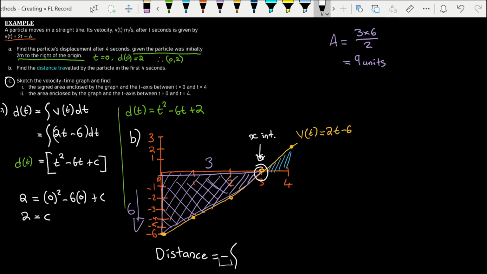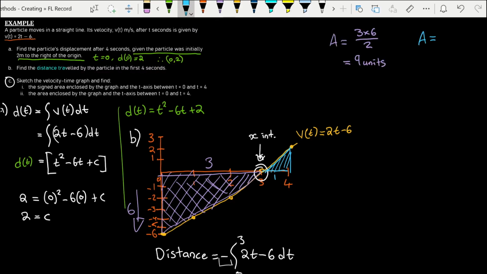And I'm going to take the integral of this function here, from 0 up to my intersecting point of the x-intercept there at 3. Then I've got this next triangle, which again I might calculate the area of.